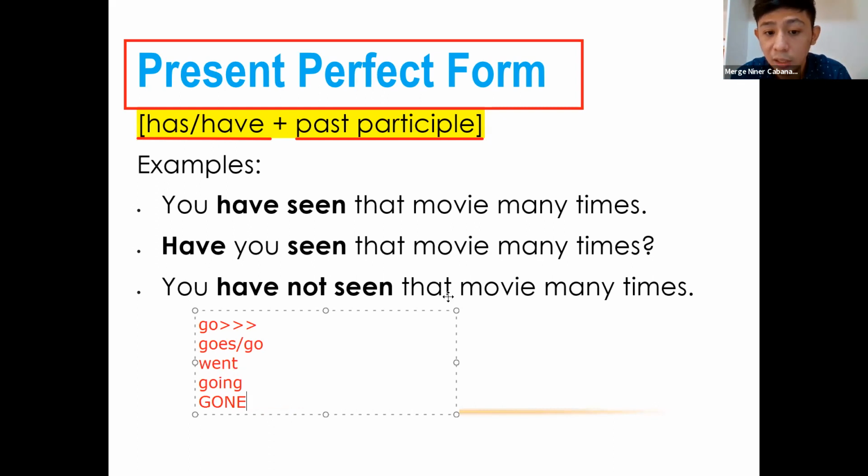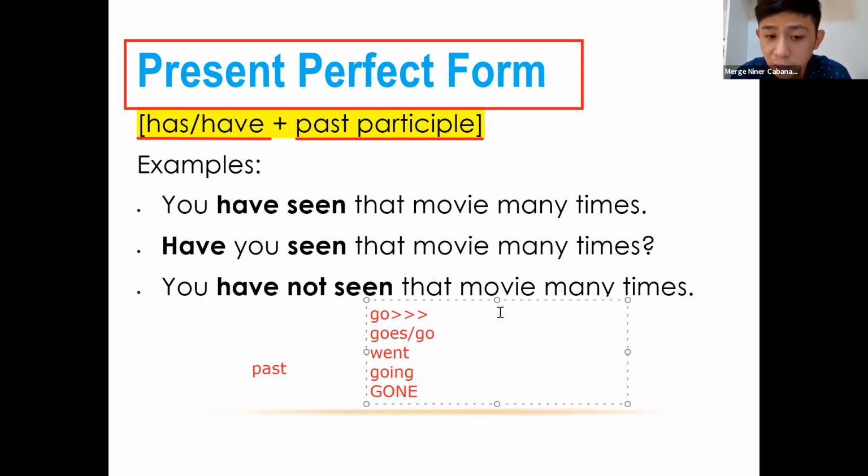All right, gone. So I also have some samples here. For example, take for your present form, takes for your singular, take for plural. So the past form of take will become took.